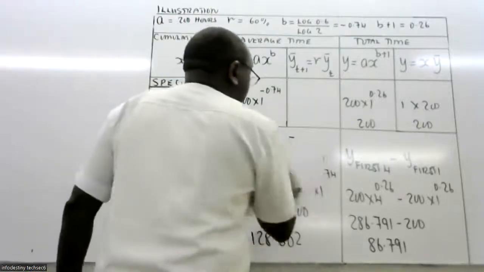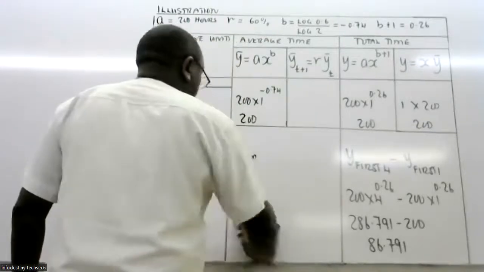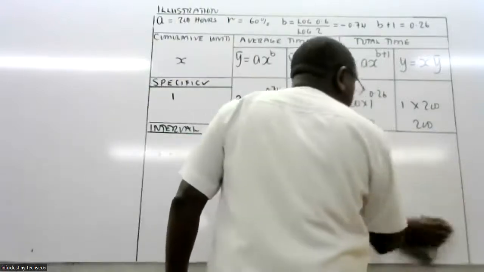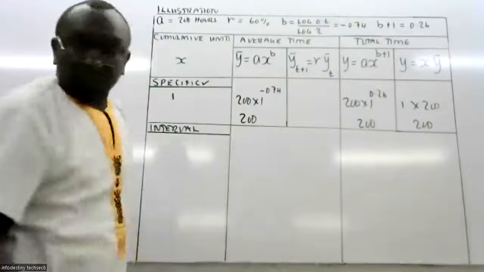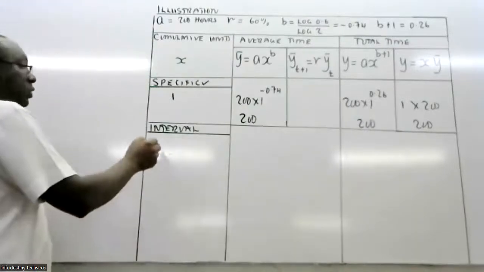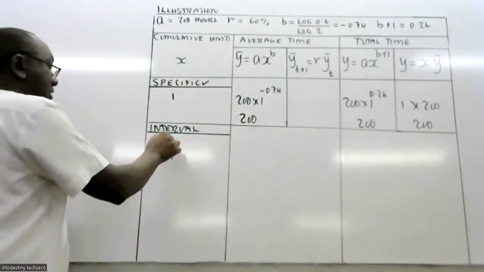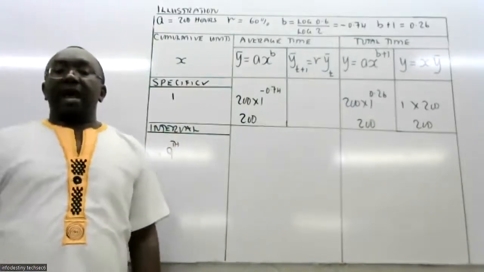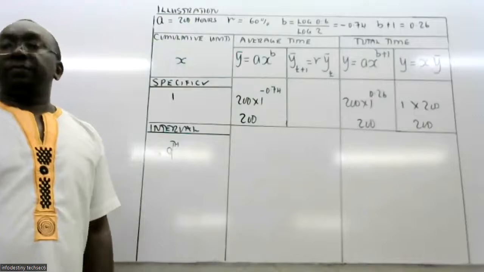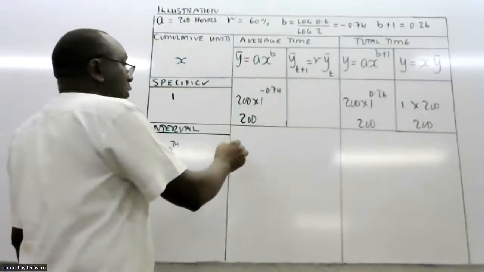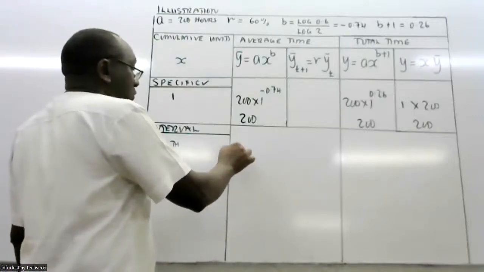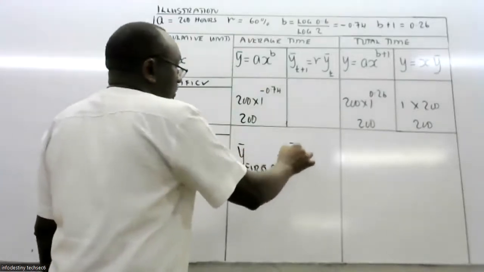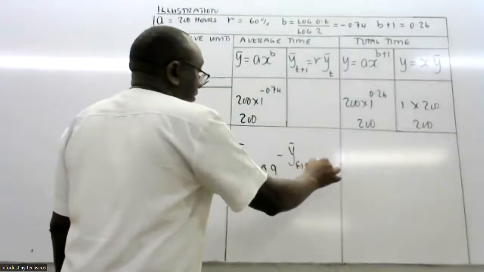Another one. We are told to give the time of making the ninth unit. The ninth unit. So that one will also be an interval which will be given as y bar for the first 9 minus y bar for the first 8.